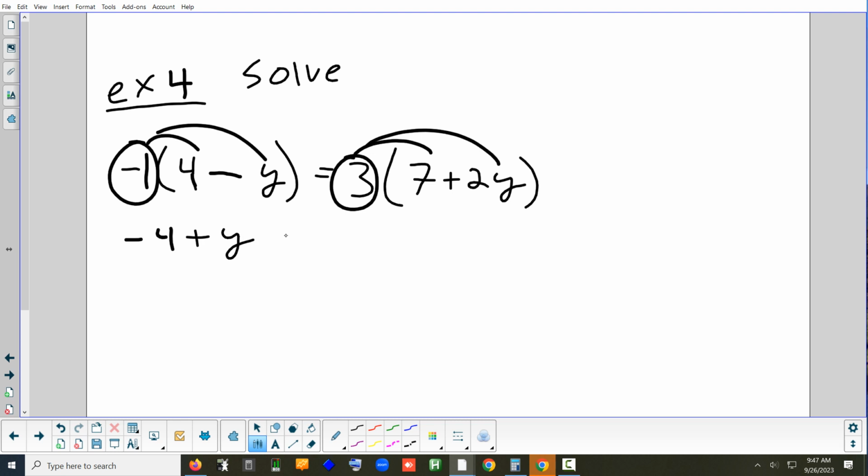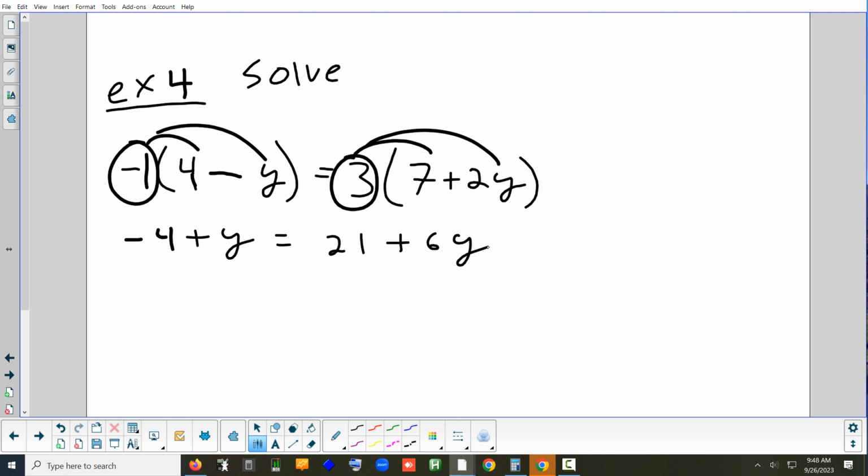Perfect. And on the right, the first thing I distribute this 3 to is 7, and I get 21. The next thing I distribute the 3 to is 2y, and 3 times 2y is 6y. Perfect.